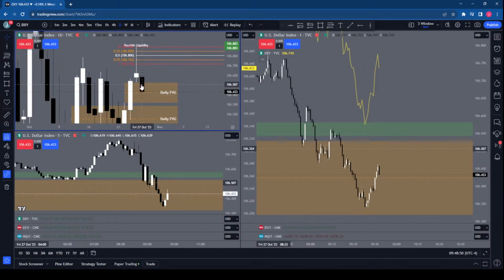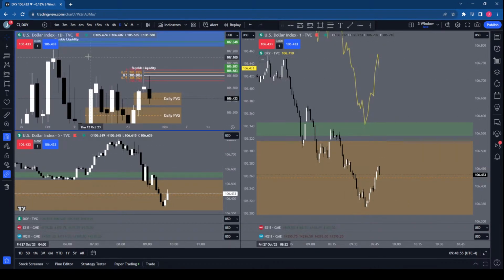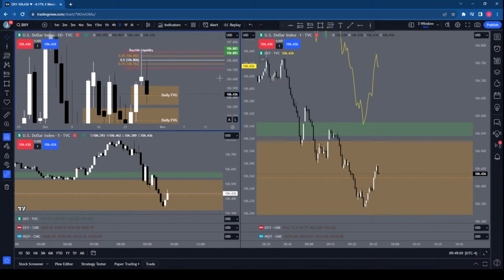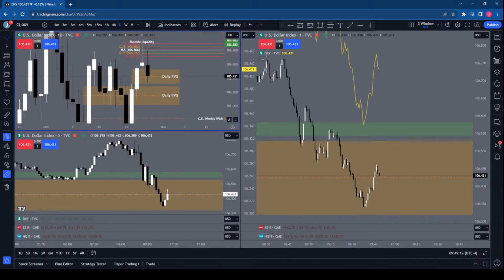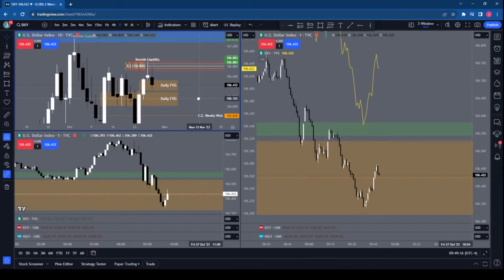If it really respects this daily fair value gap, that means next week it will want to continue taking buy side, and if that happens, we will see cleaner price action in the indices. If it closes in the bottom portion of this daily fair value gap, it could just trend sideways again, and that will produce some rough trading conditions.